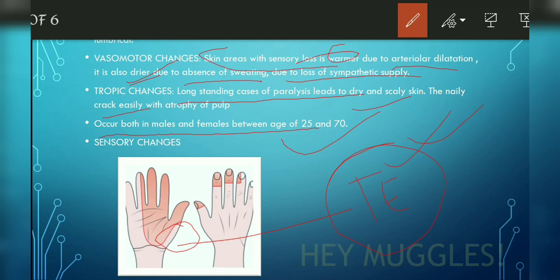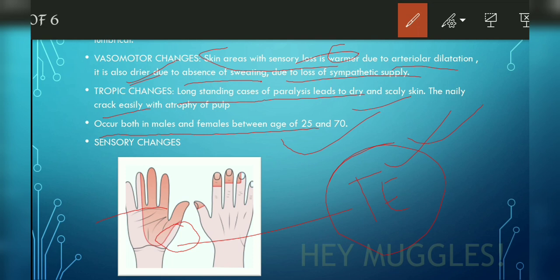There is a feeling of burning pain, like pins and needles, along the sensory distribution of the median nerve. This area in red is the area of sensory loss. There is no sensory loss over the thenar eminence, as it is supplied by the palmar cutaneous branch of the median nerve, which passes superficial to the carpal tunnel.